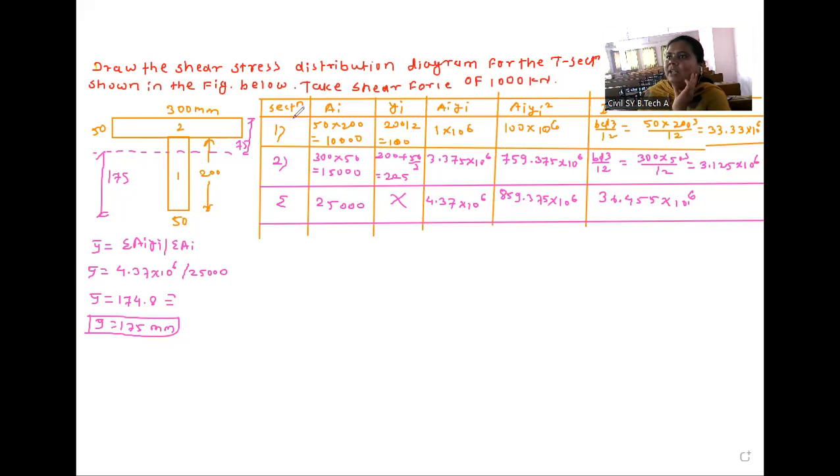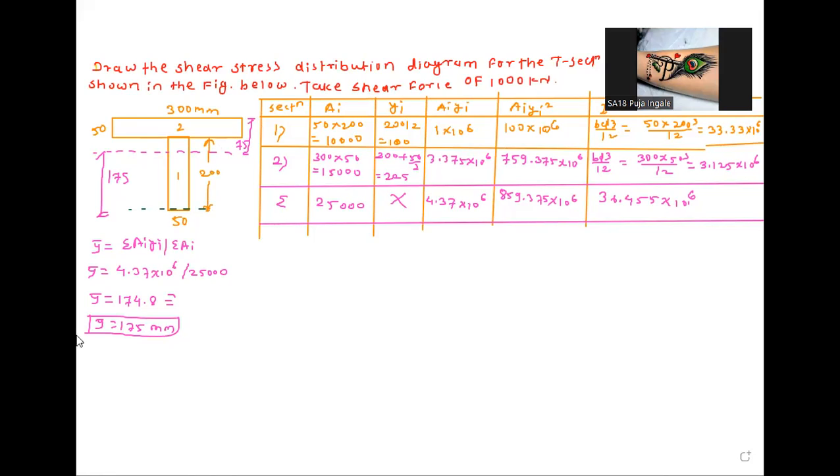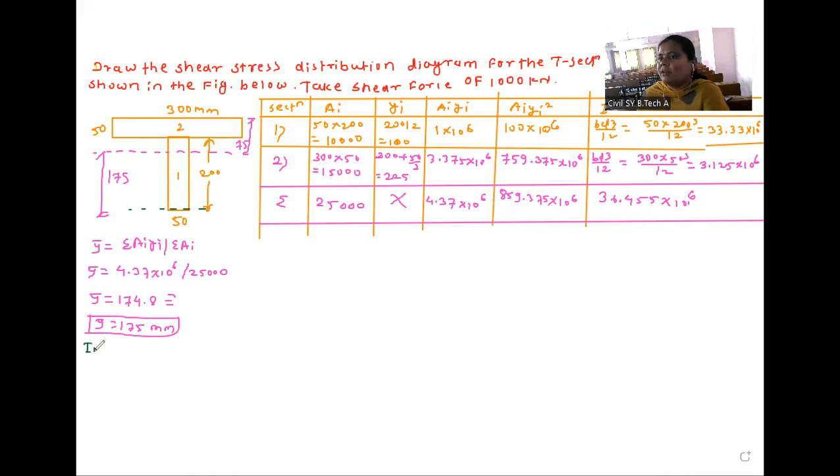After that, we will calculate moment of inertia about this 1-1 axis. So I11 is equal to summation of I self plus summation of A y squared.